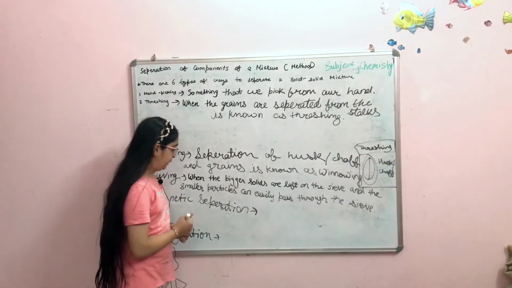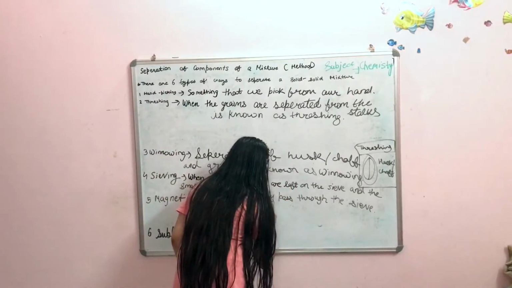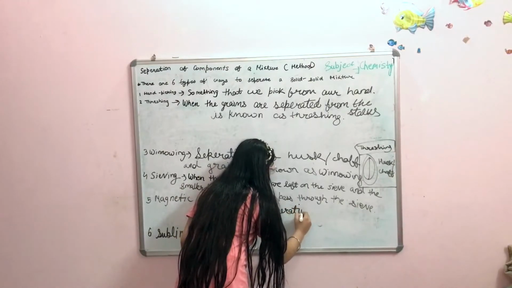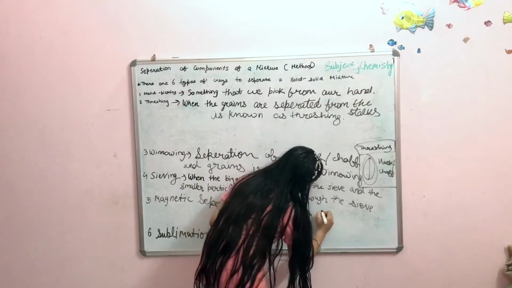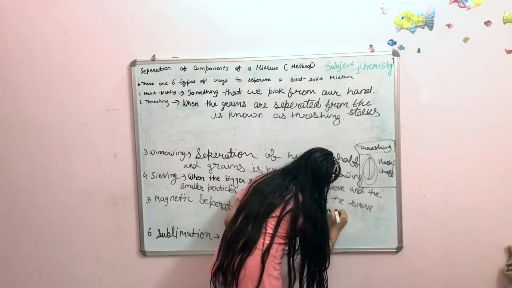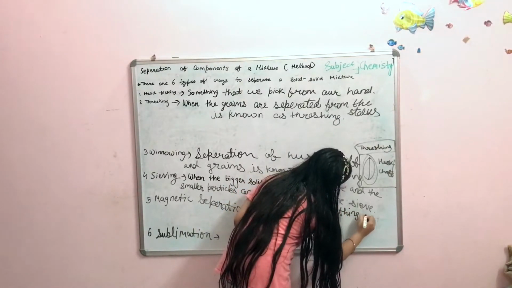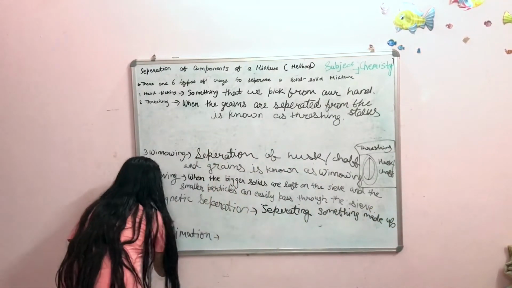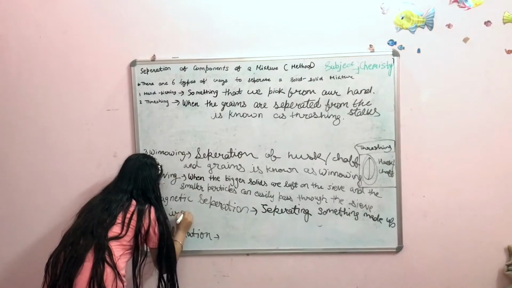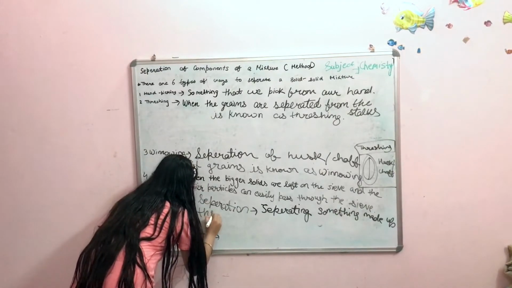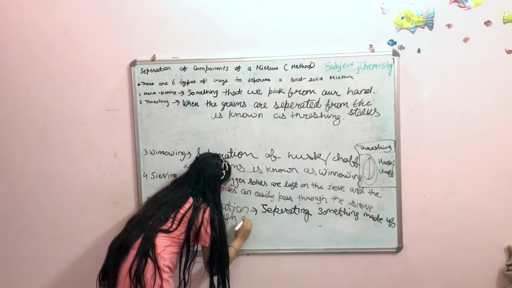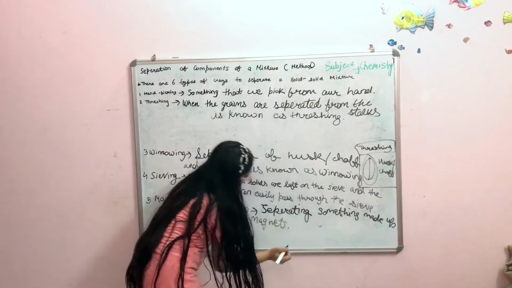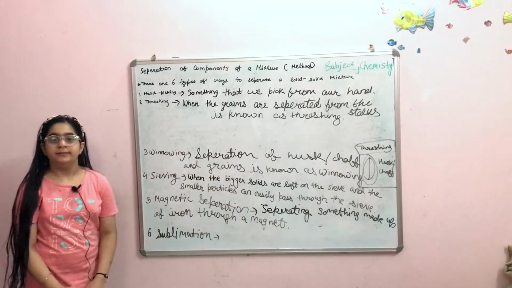So the definition can be separating something made up of iron through a magnet. This process is known as magnetic separation.